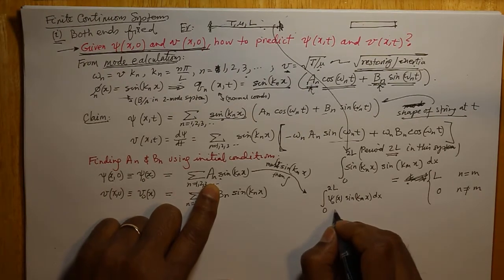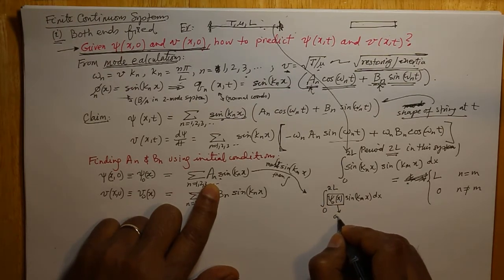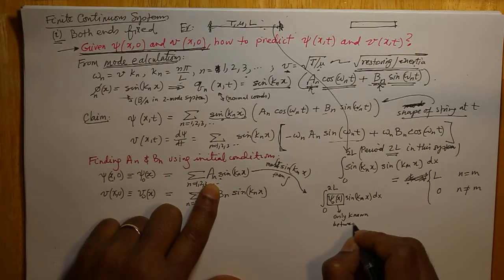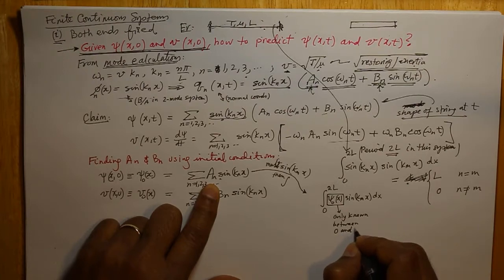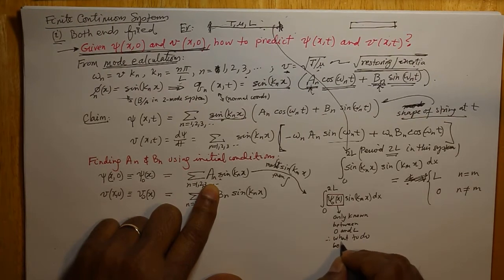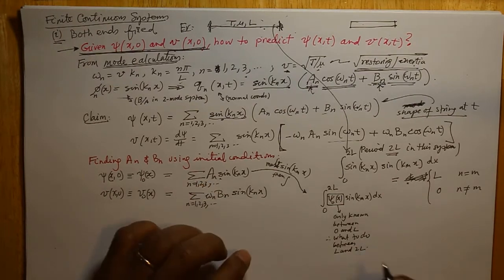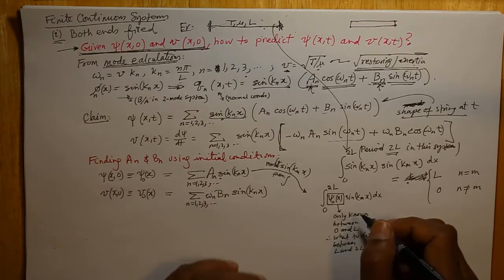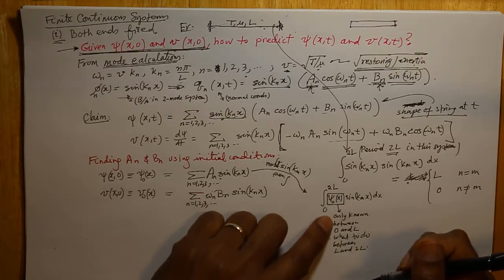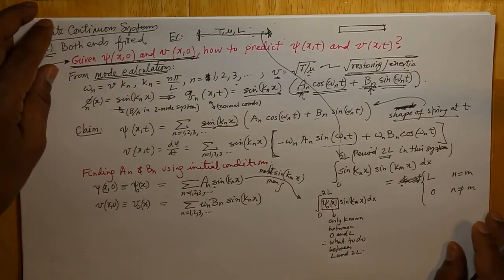And mind you, this is only known between 0 and L. So what to do between L and 2L? The answer is up to you. You can just set it to 0, or for the convenience of calculation, you might choose a more symmetric situation. But this should not make a problem for you.